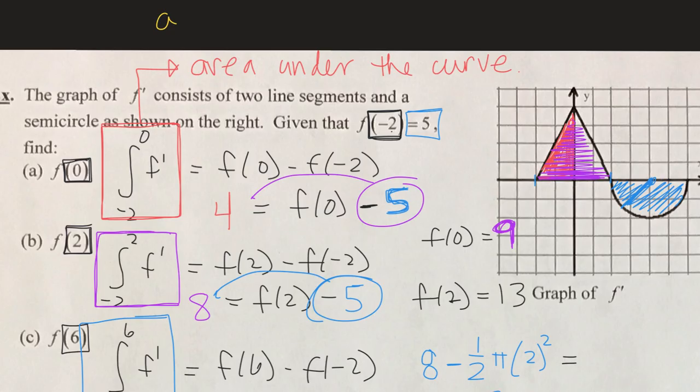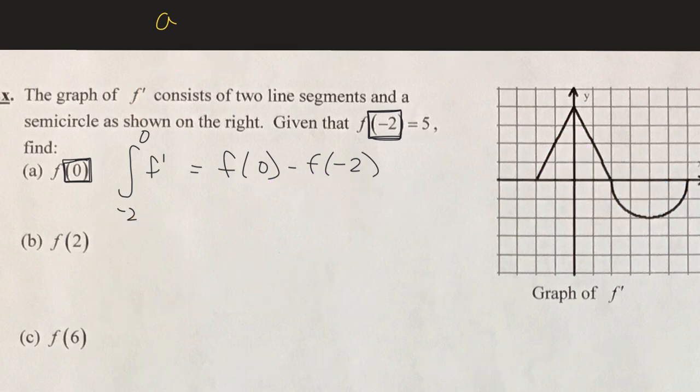That's the area from -2 to +6. Okay, we cannot subtract those, so we write them down as simply 8 minus 2 pi equals f of 6 minus f of -2, which we know f of -2 is 5.